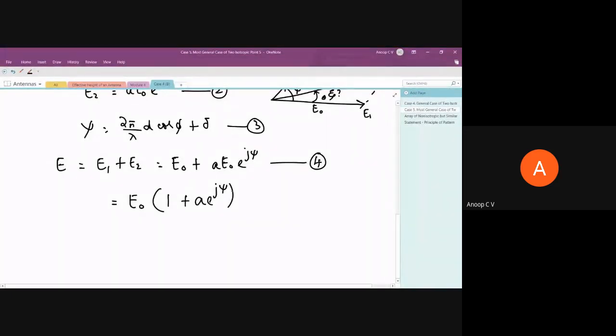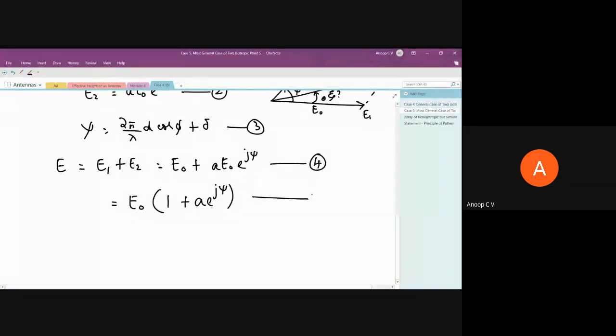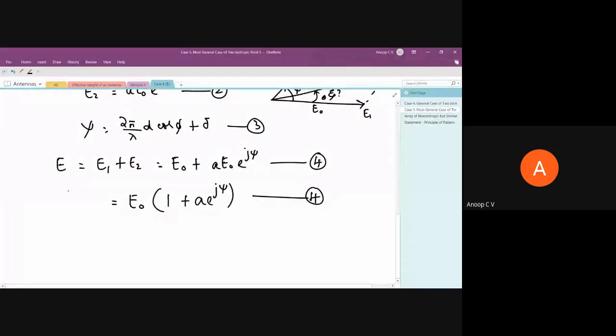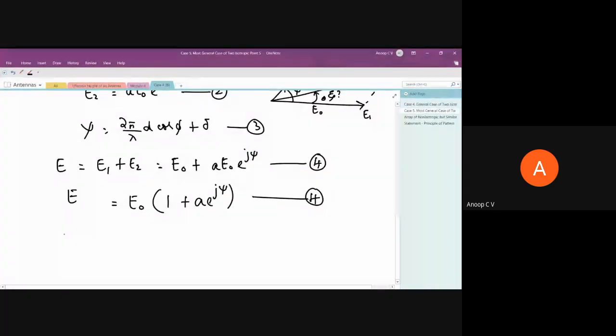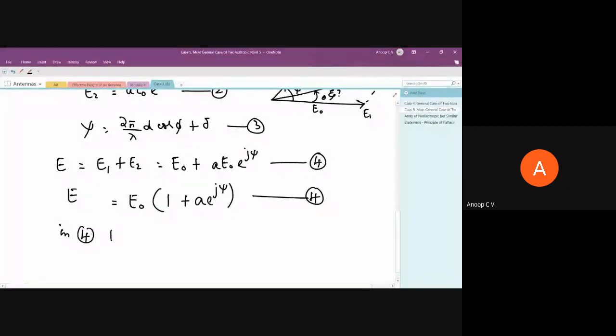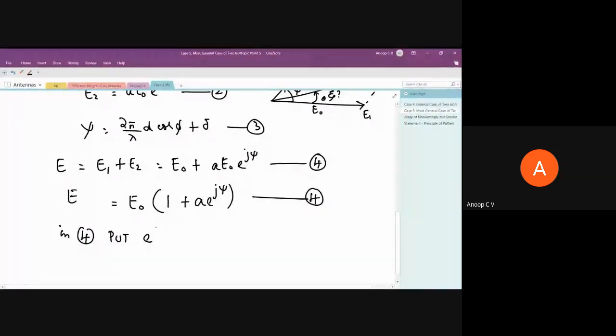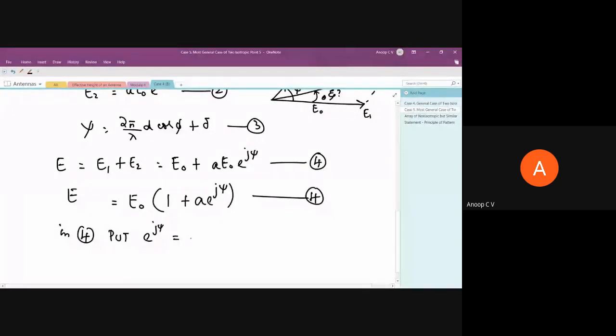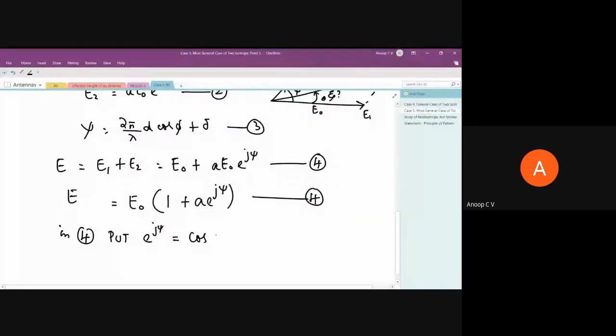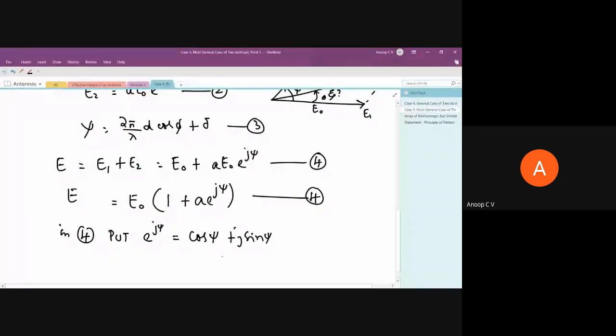So here I'm going to substitute in equation number 4. In 4, put e power j psi.